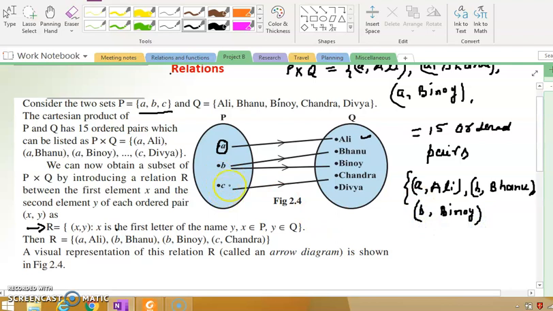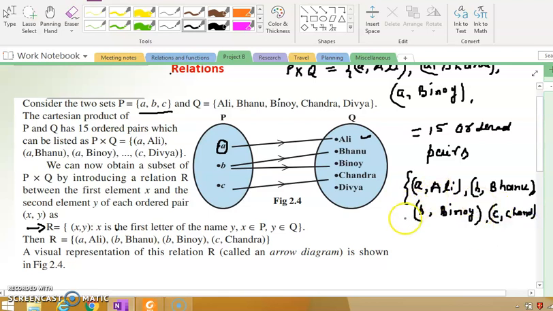Now check for C. C is with Chandra because no other name is starting with C. C comma Chandra.